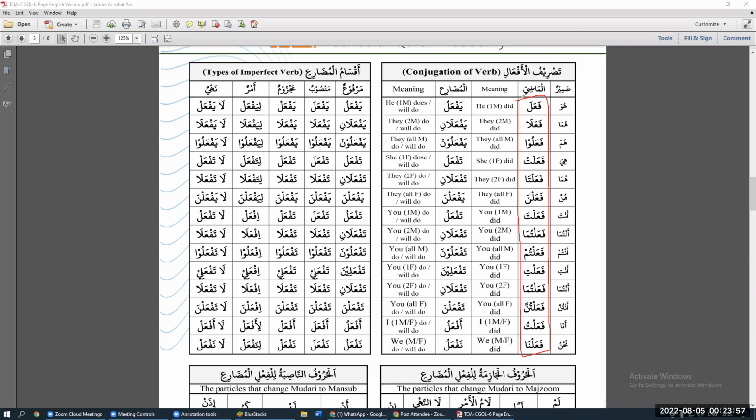As I have told you, if you understand this very clearly, almost 98% of past tense verbs in the Arabic language you can make like this, like 14. You may not understand the meaning, but you can conjugate. We call it conjugation. Let's go for conjugation today.